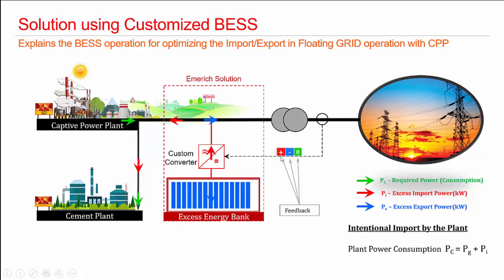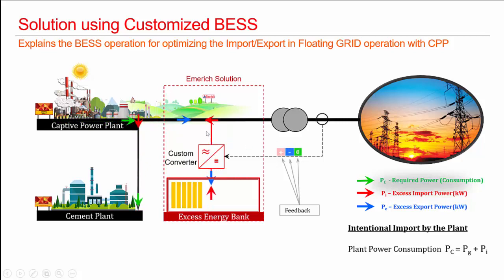Plus denotes import, minus denotes export, and 0 denotes no import or export. This feedback is given to the control system, and that control system drives the custom made converter, which is charging or discharging this battery unit.